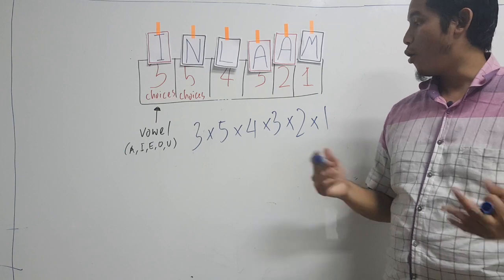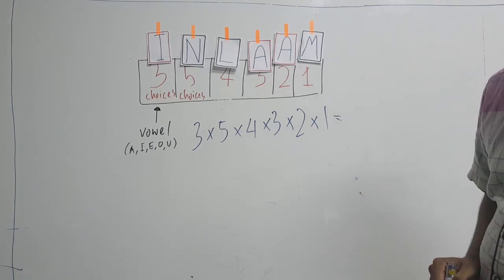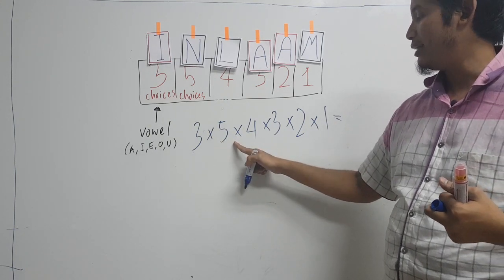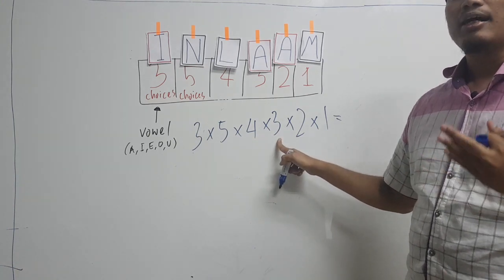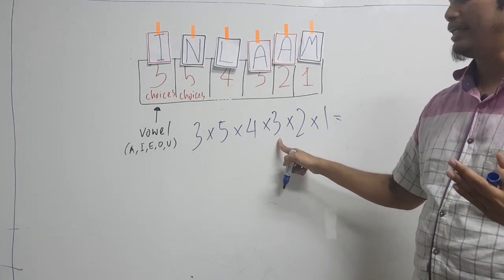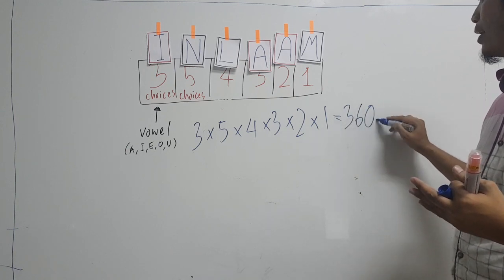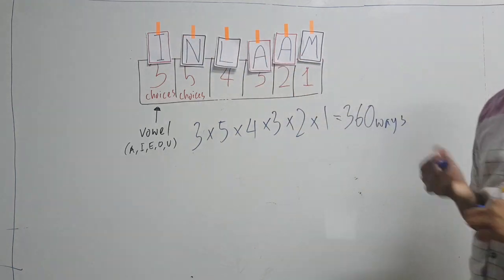What is the answer? If we calculate, 3 times 5 is 15, times 4 is 60, times 3 is 180, times 2 becomes 360 ways to arrange all of this.